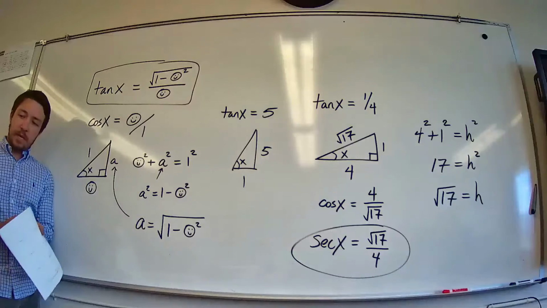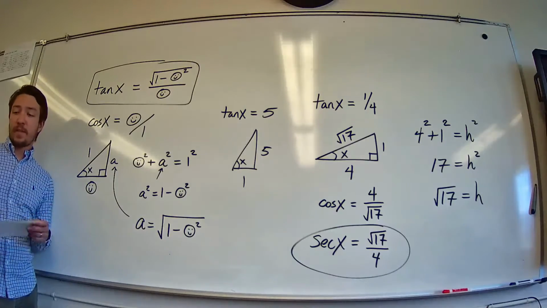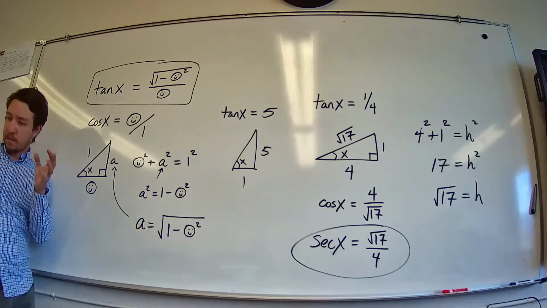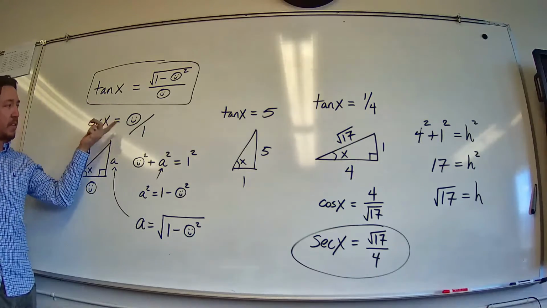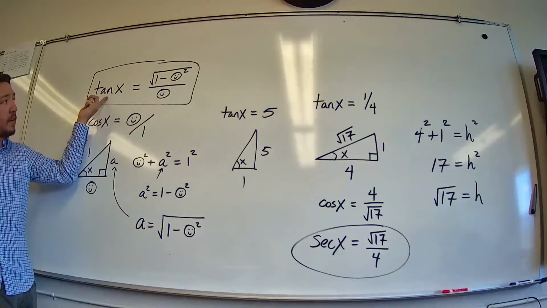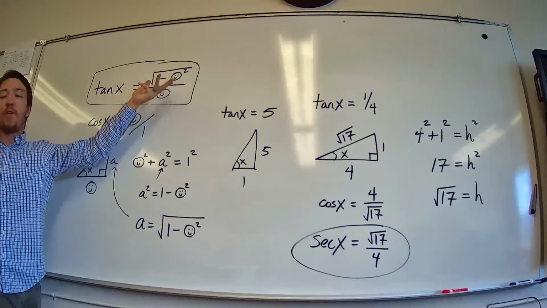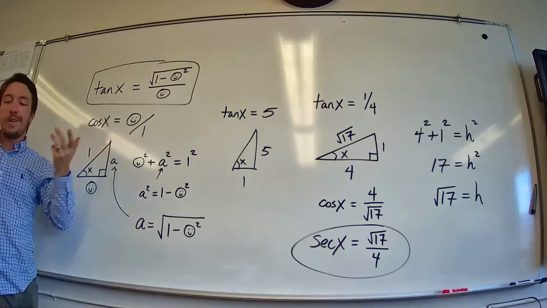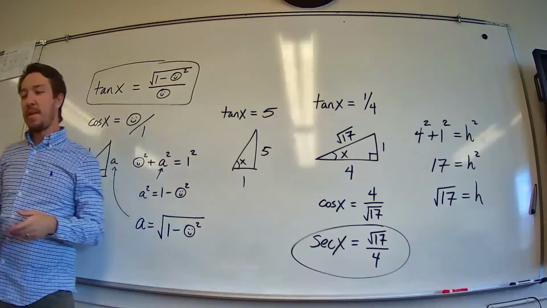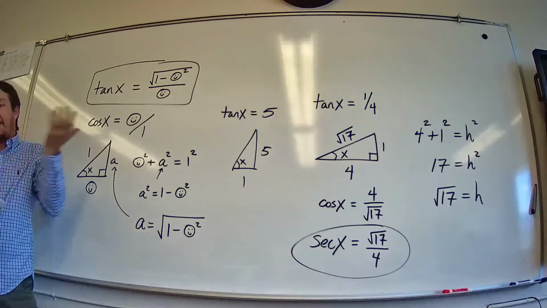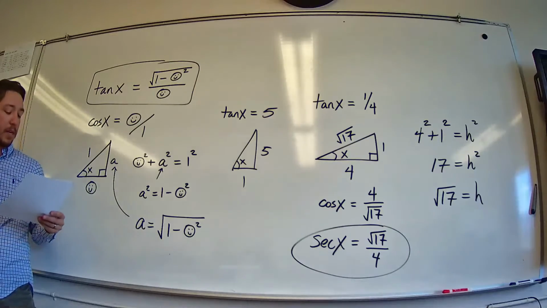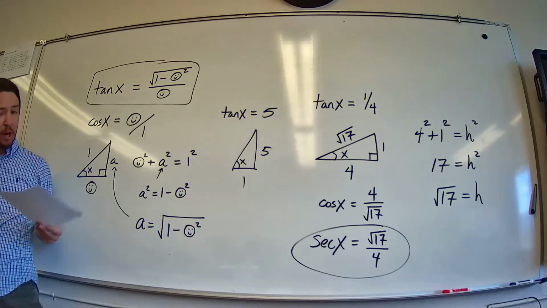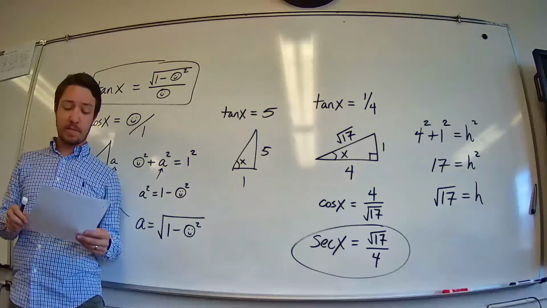So what this does is create a formula that tells you, if you know the cosine of an angle, then the tangent of your angle is this formula in terms of that value. It's not a famous formula because it doesn't tend to be that useful or come up that often, but I hope the idea makes sense.